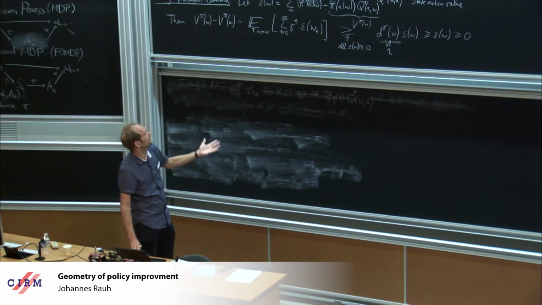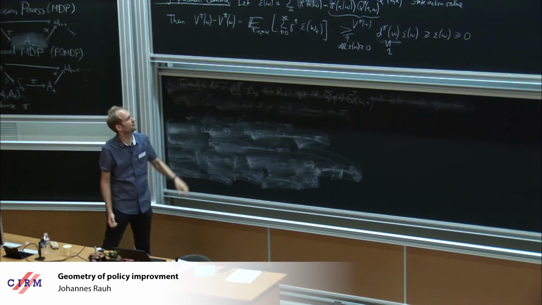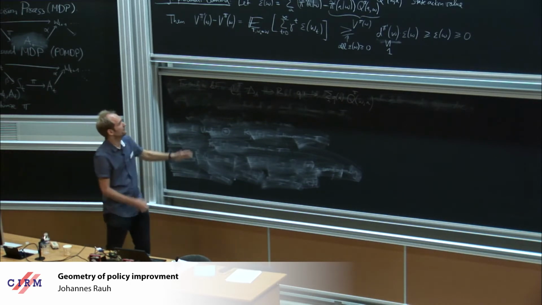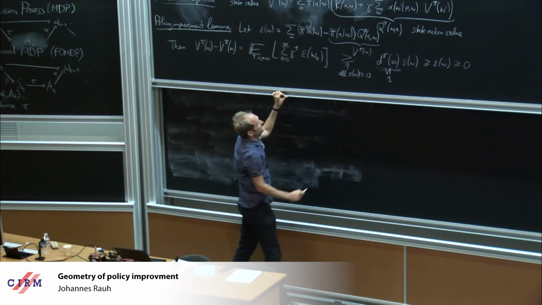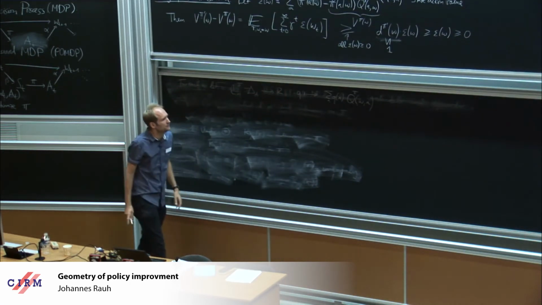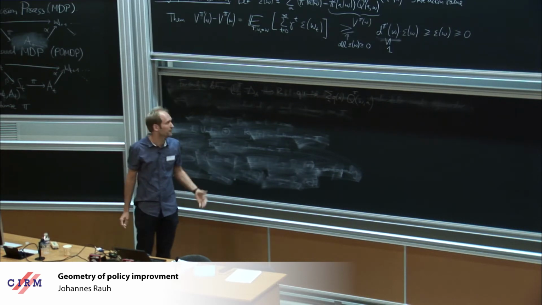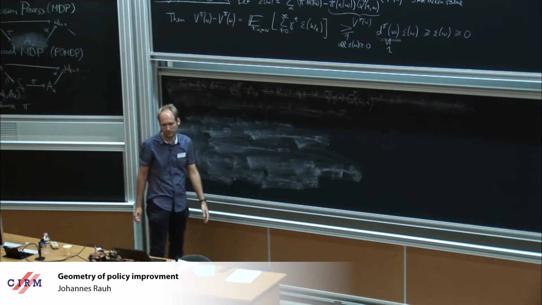And what one sees is that this is really something linear, so that this definition of epsilon is linear in the policy, and that this defines a cone, so to say.